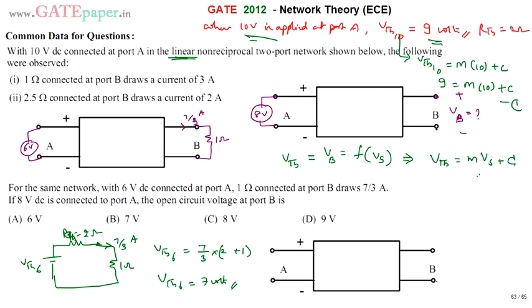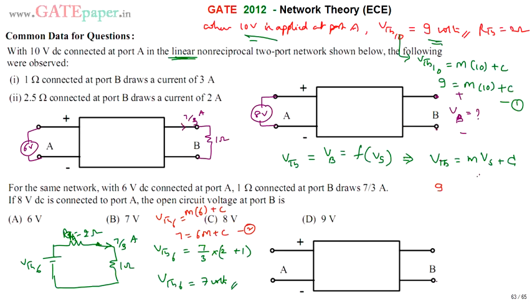This is the first equation. The second equation: VTH6 is equal to m times 6 volts plus c. VTH6 is 7. 7 is equal to 6m plus c. This is the second equation.